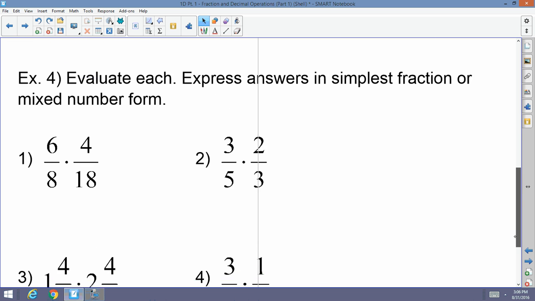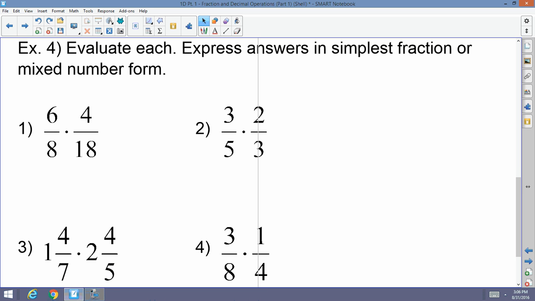So, for example, let's go ahead and evaluate each. Express answers in simplest fraction or mixed number form. Okay. When we're multiplying fractions, it's literally the numerator times the numerator. Okay, if you have three fractions, then it's all three of the numerators multiplied together. You're just going to multiply across on the numerators, divided by multiply across the denominators.